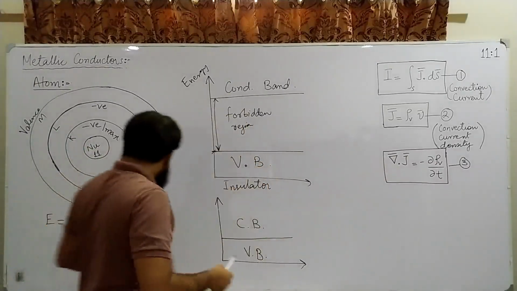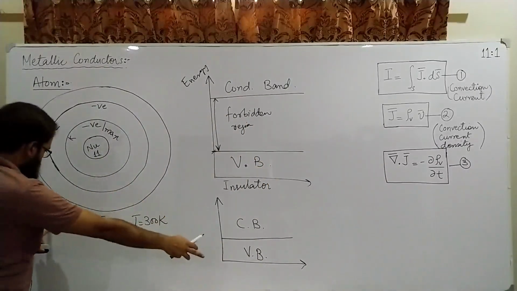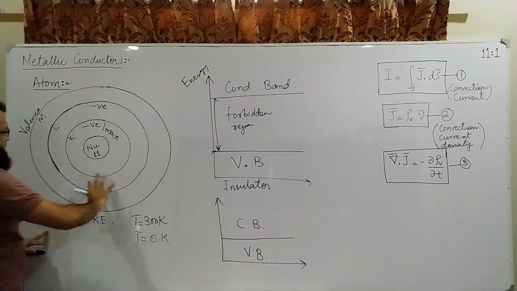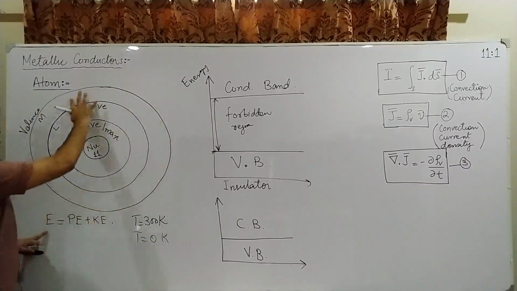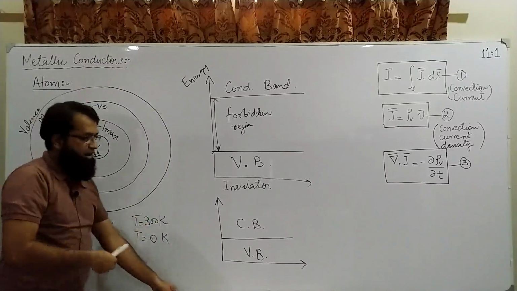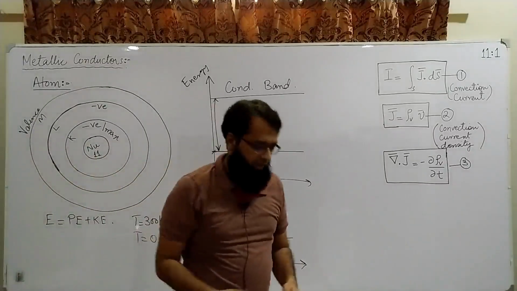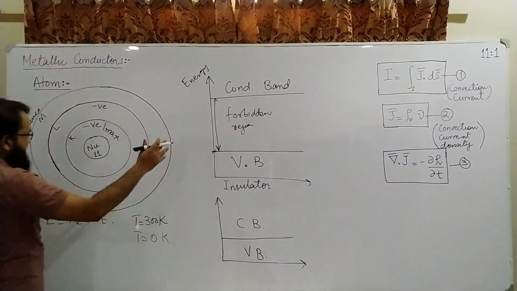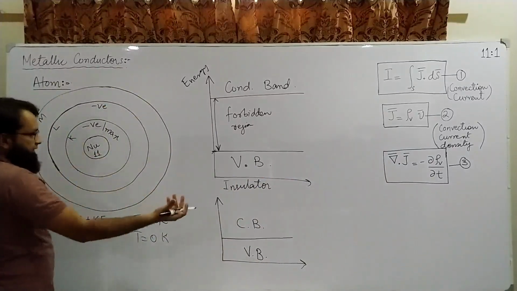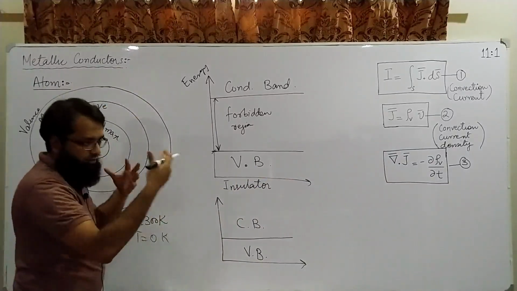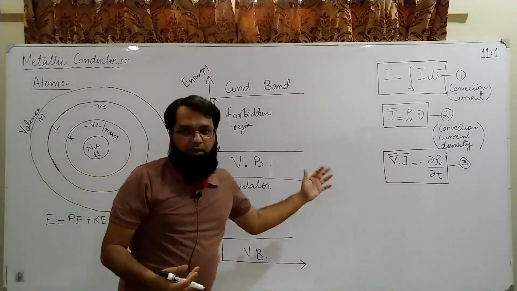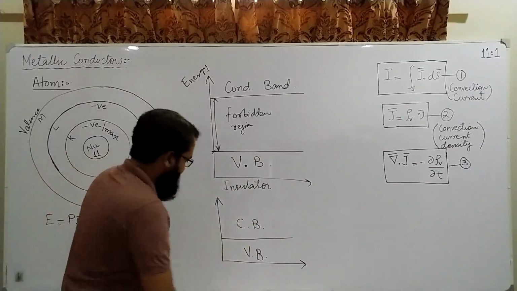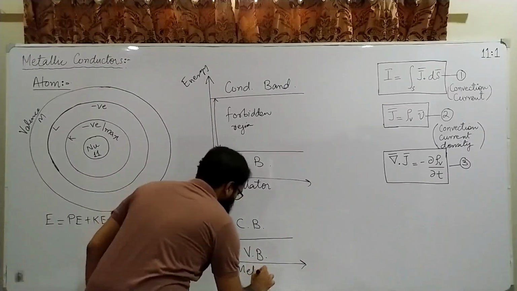At T equals 0, at absolute zero temperature, all the electrons are settled within their respective orbits. But as soon as you start increasing the temperature, well below the freezing point of water, the electrons in the valence band of good conductors acquire thermal energy from the surroundings, and they start to jump to the conduction band. So the forbidden region is not there in the case of metallic conductors. Okay.